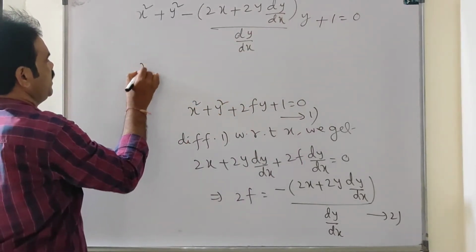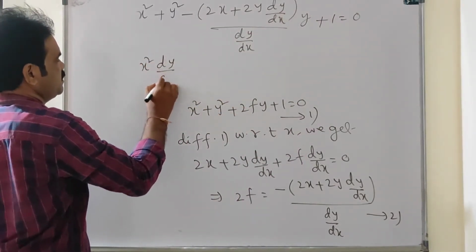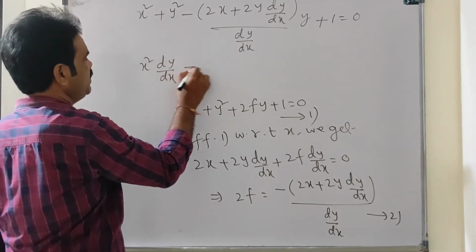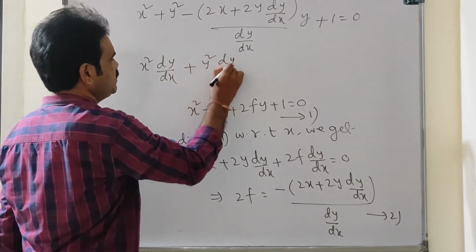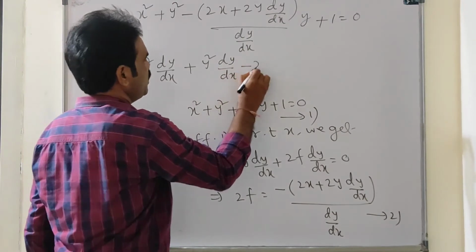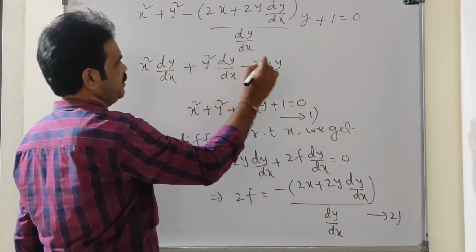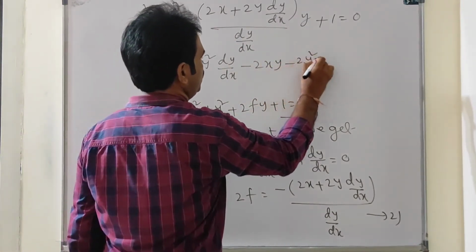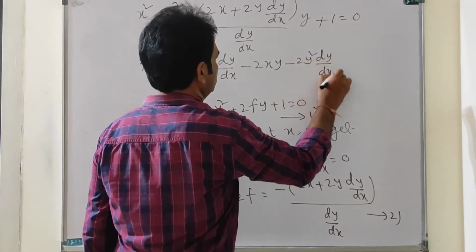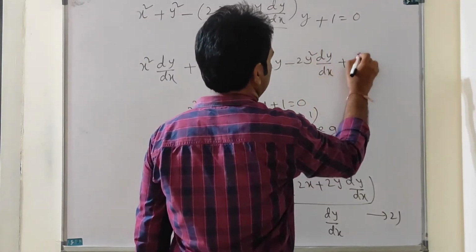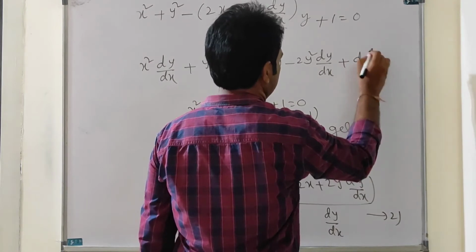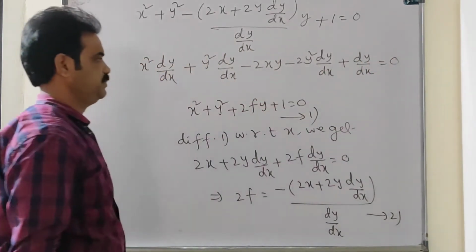That is x square dy by dx plus y square dy by dx minus 2xy minus 2y square dy by dx plus dy by dx is equal to 0.